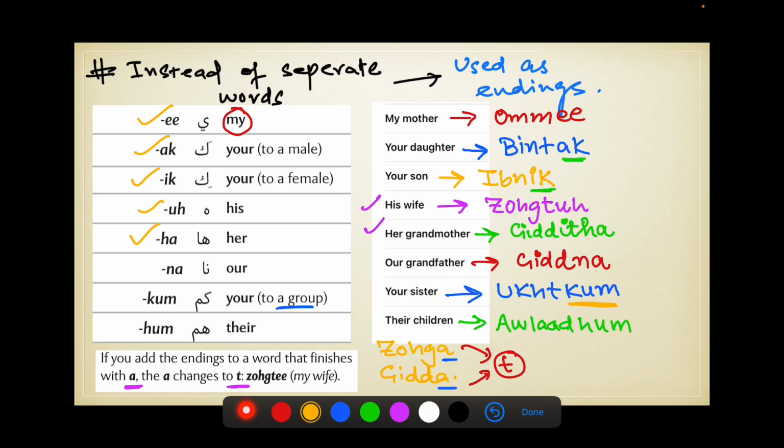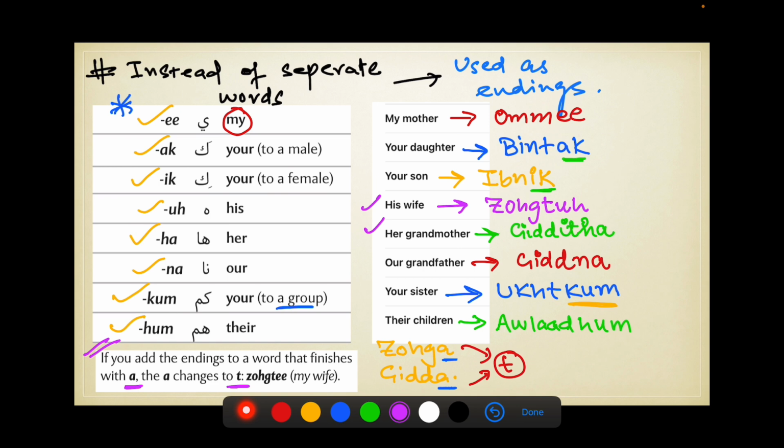And for our, you will add na. For using your, if you're talking to a group, you will use kum. And for their, you will have to use hum. So you will have to remember this table. And also, we learned that if any word ends with a and you have to add endings to it, the a will be replaced by t.